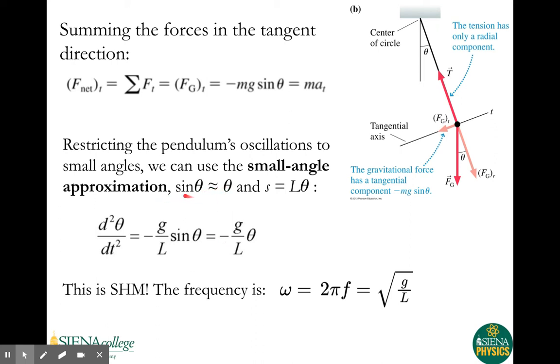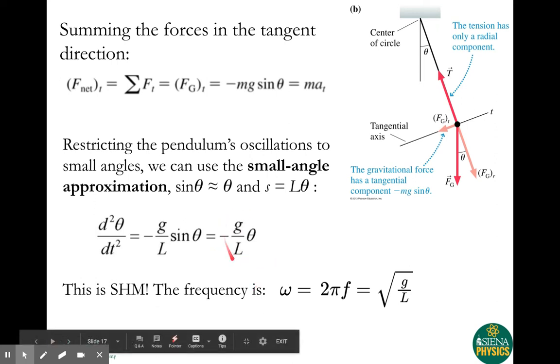But what we also do, and this is why it only works for small angles, is use the approximation that sine theta is approximately equal to theta. This is true when we're in units of radians. When we do that, we get the second derivative of theta is some constant, with a negative sign, times theta. We need to start recognizing that as a differential equation telling us this object is undergoing simple harmonic motion.